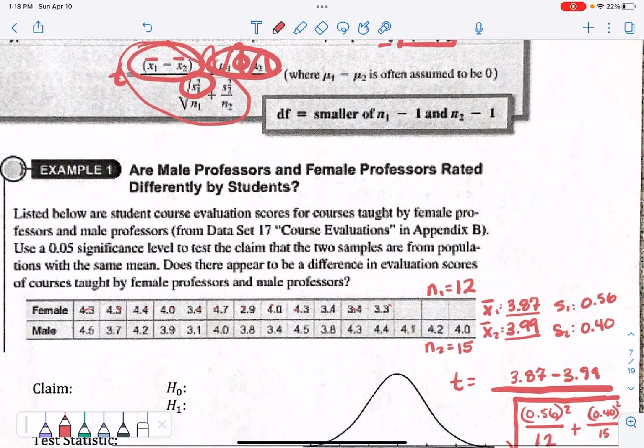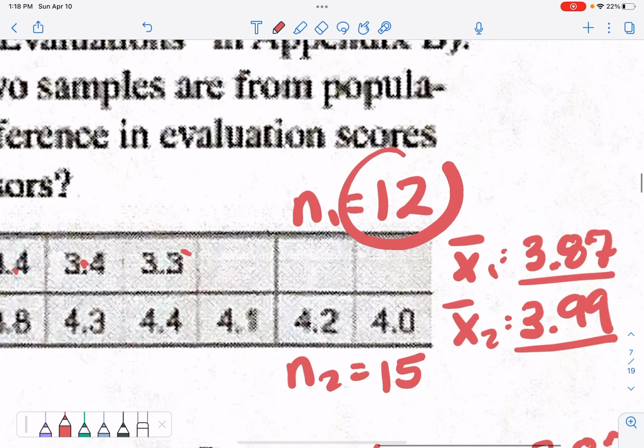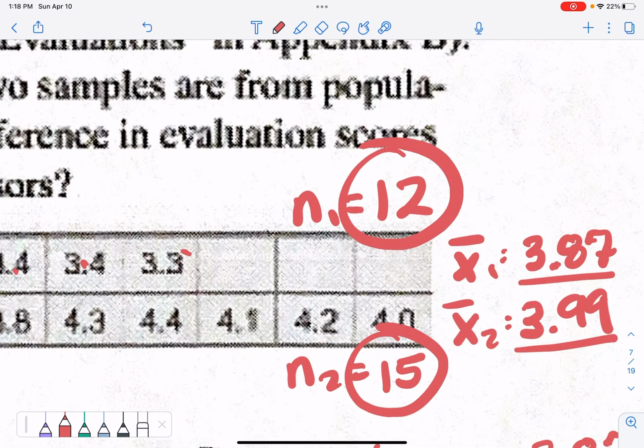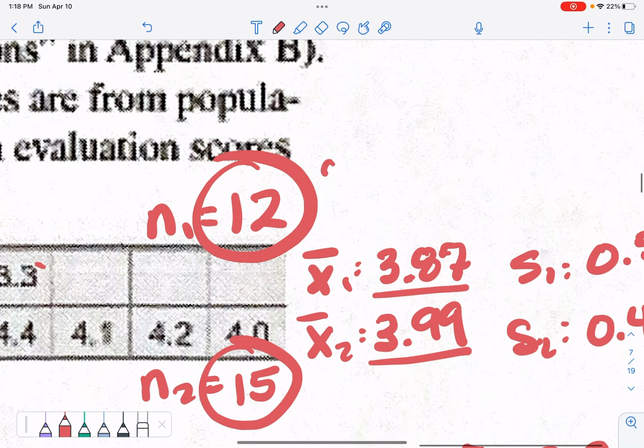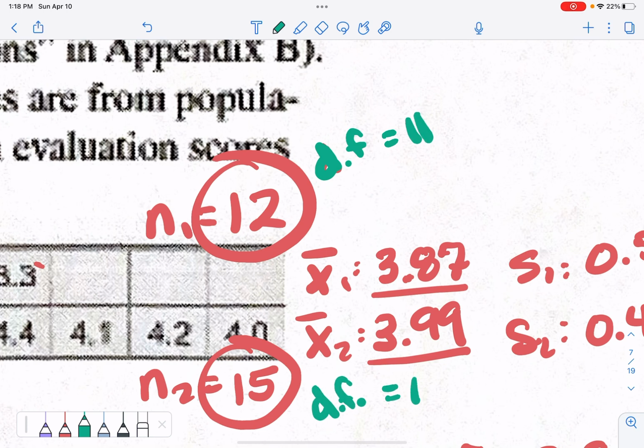But one more thing is that when we're doing the T chart, we have degrees of freedom. Like we have a data set that's 12 and we have a data set that's 15. So it's like, which degrees of freedom do I go off of? This degrees of freedom would be 11, right? And this degrees of freedom would be 14. So which degrees of freedom do I use? Okay.